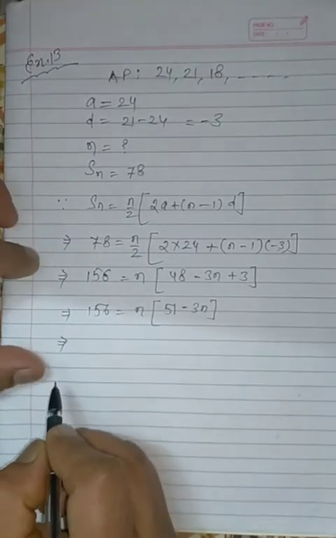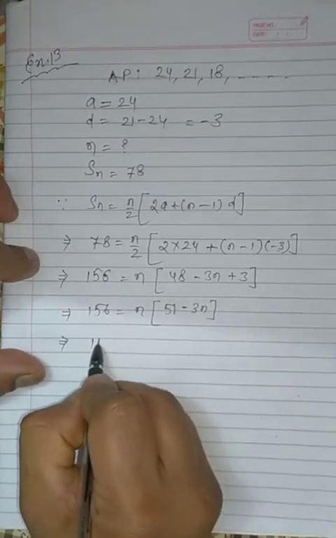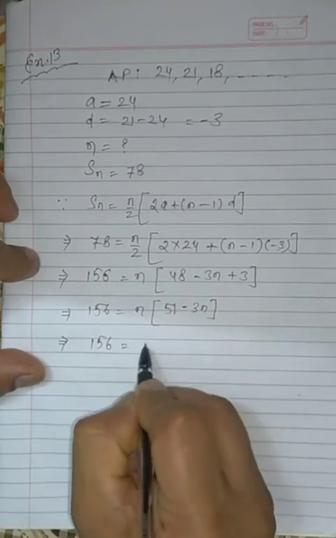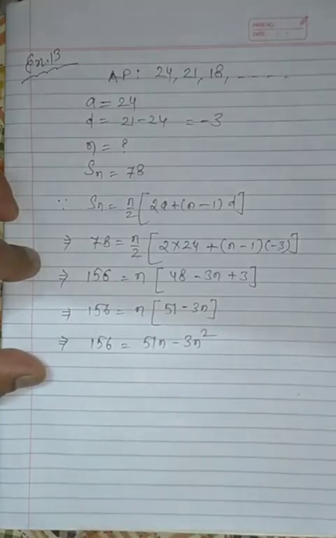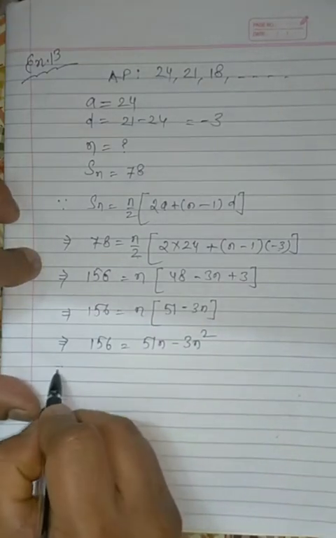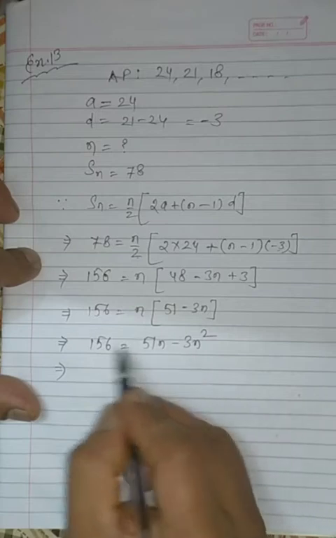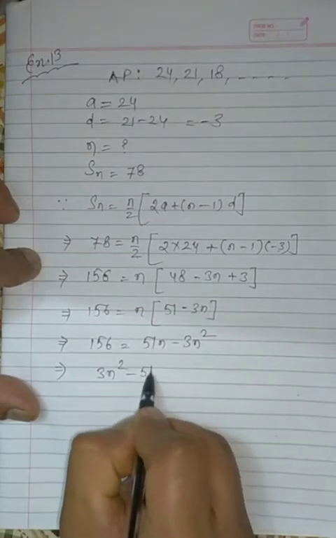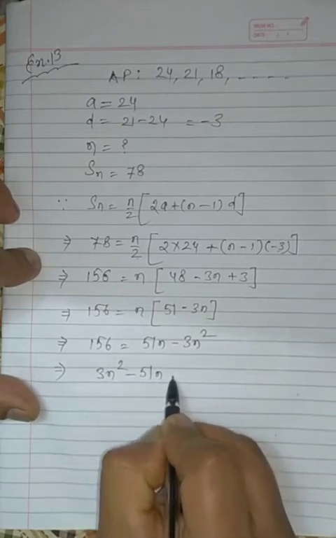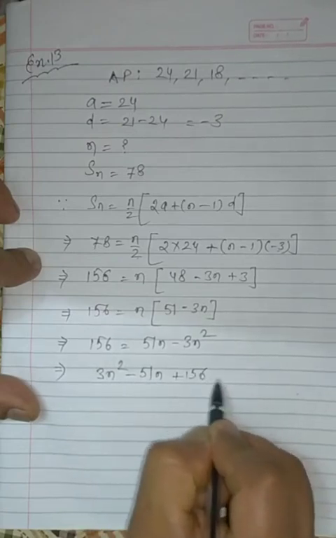So let us multiply this n inside the bracket. 156 is equal to 51n minus 3n square. If we transpose this both this side, 3n square minus 51n plus 156 is equal to 0.